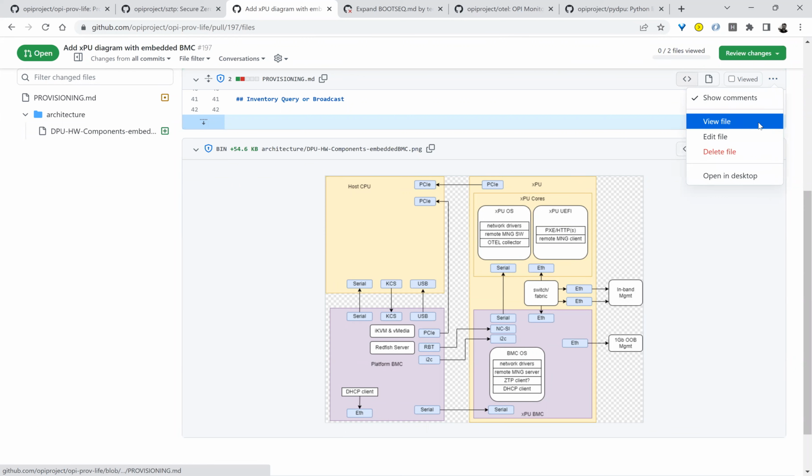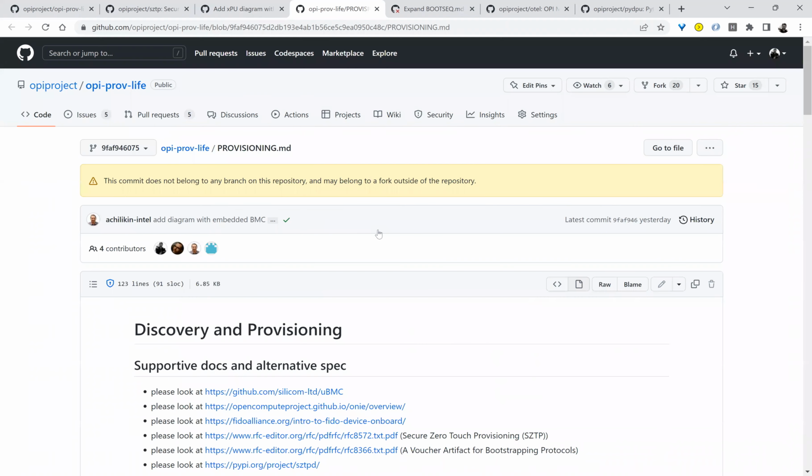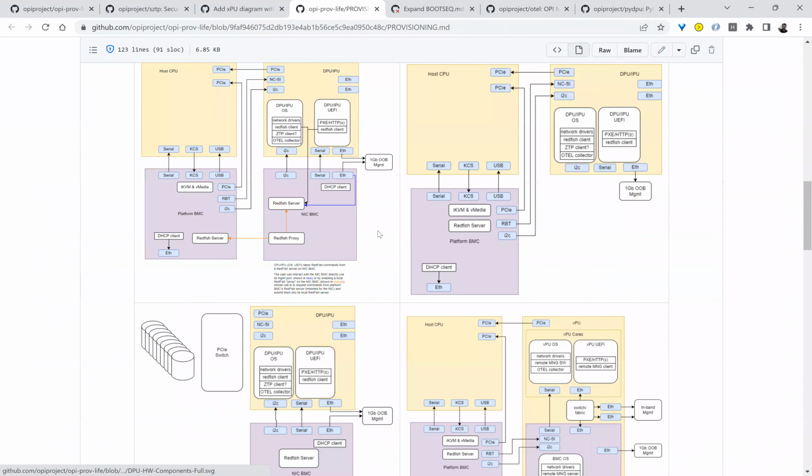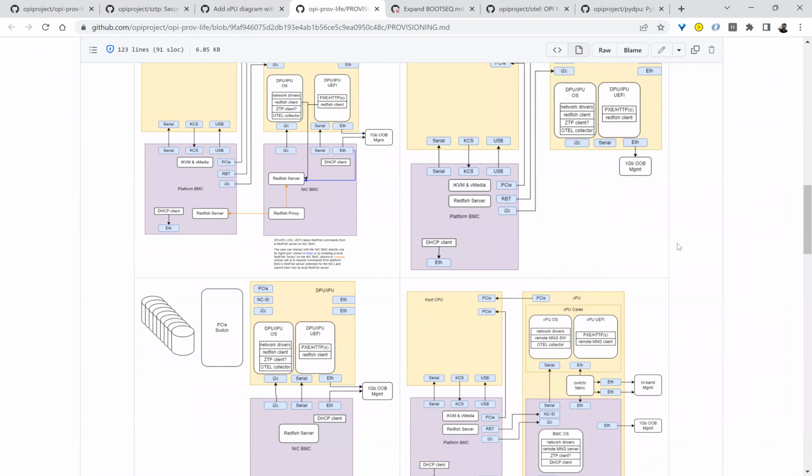If we look at the original page, we have the 3 diagrams, and on all diagrams, our BMC is completely separate. It's either a mezzanine card or a separate chip on the system, which is connected to GPU or XPU with different interfaces.